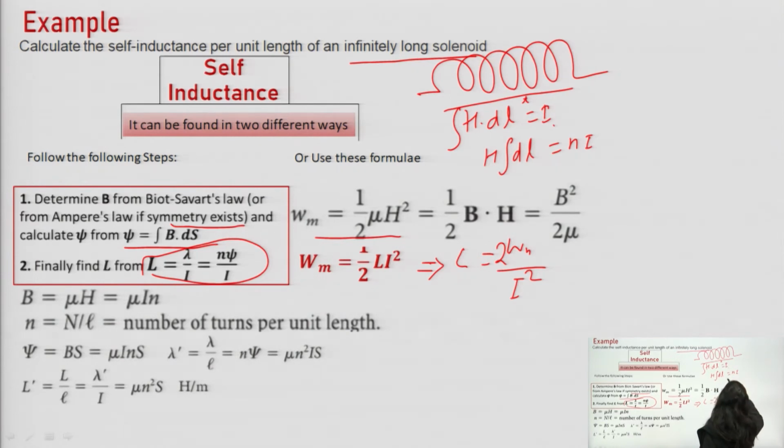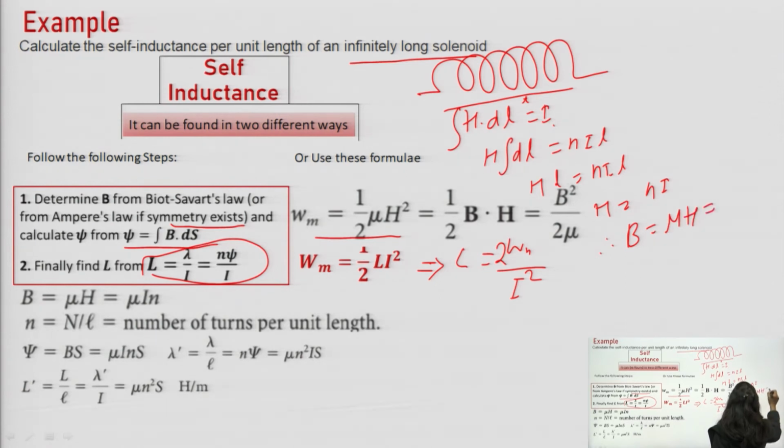So H, the integration of dl will finally be L, will be equal to N I L. Total current will be equal to N I L. So H is equal to N I, and as we know that B is equal to mu H, we can write it as mu N I. This is a very simple way to determine the value of B using Ampere's law for a solenoid.